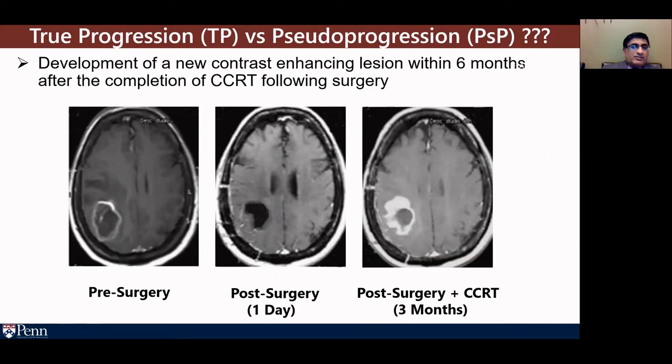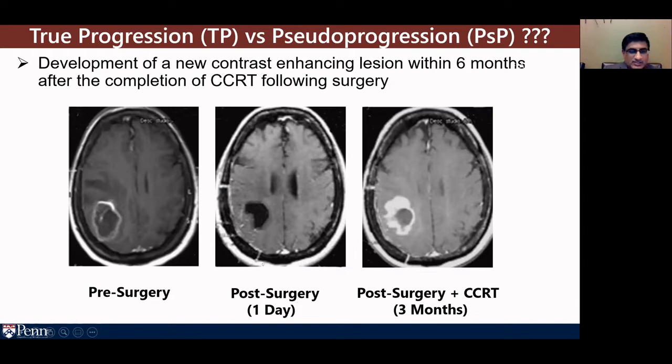After the end of chemoradiation therapy and surgery, what happens? In approximately 80% of these cases, a new lesion develops at or near the surgical cavity within 6 months after the end of the chemoradiation therapy. This is a post-contrast T1-weighted image showing the tumor in the right parietal lobe at the pre-surgical time point.